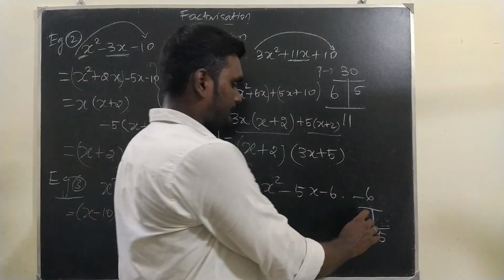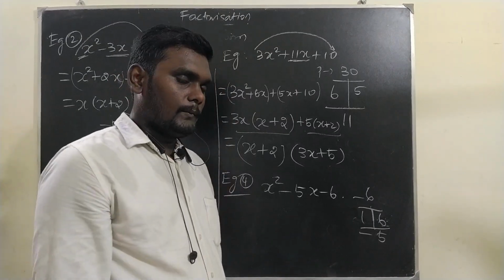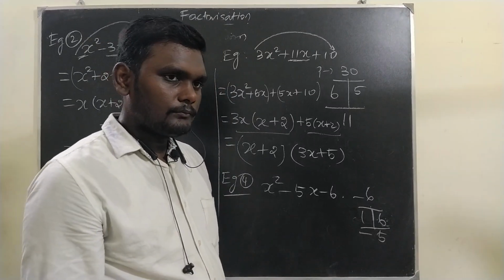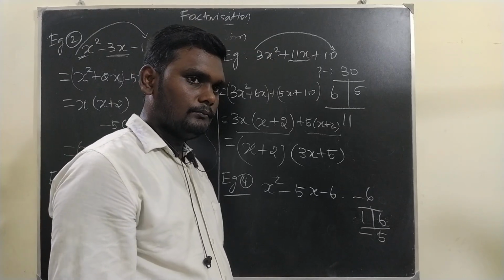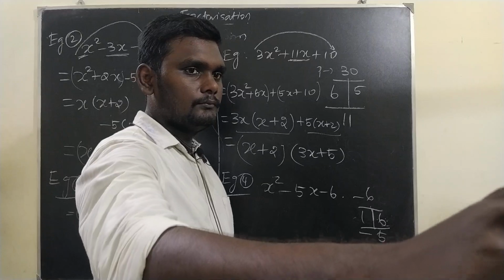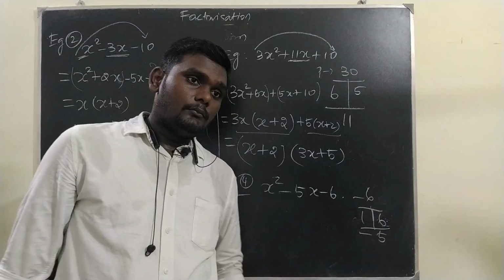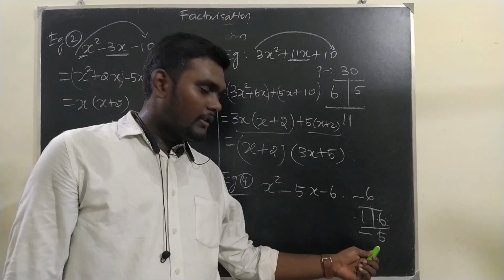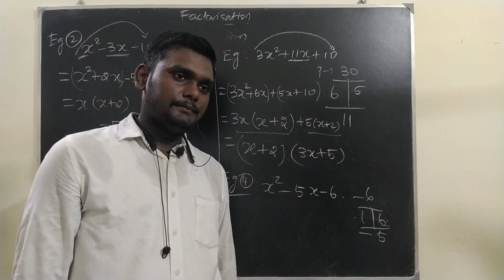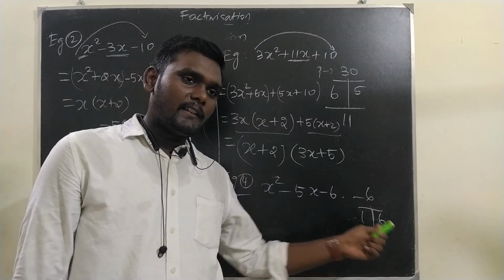Try 1 6s. One 6s are okay, but minus 5 should come, and here also minus 6 should come. So either 1 gets negative or 6 gets negative.